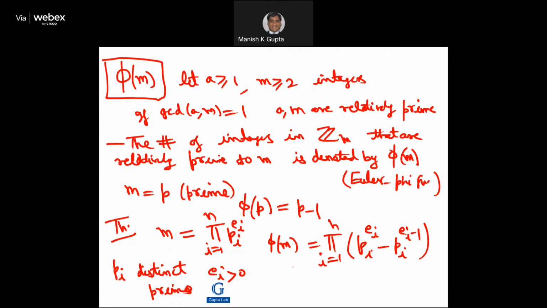It's a very powerful theorem, and so phi of m is the product of pi raised to power ei minus pi raised to power ei minus 1. This is the formula to compute the Euler totient function in general, where the pi's are distinct primes and the ei's are positive.